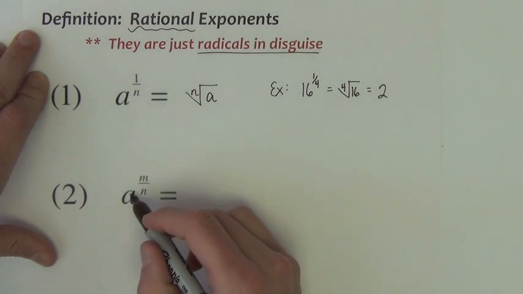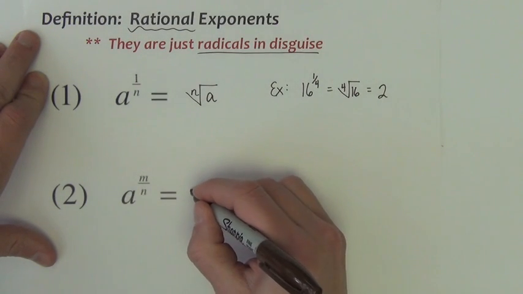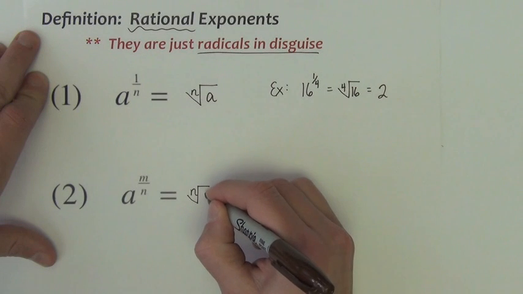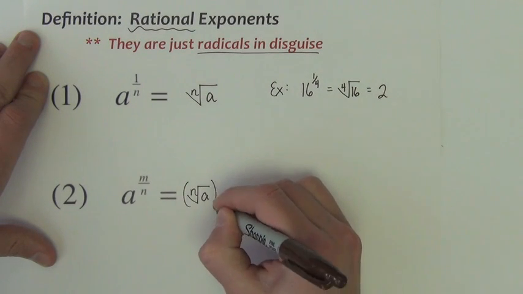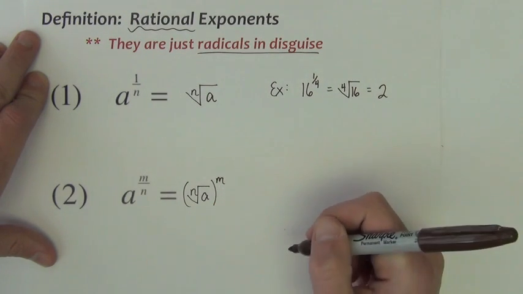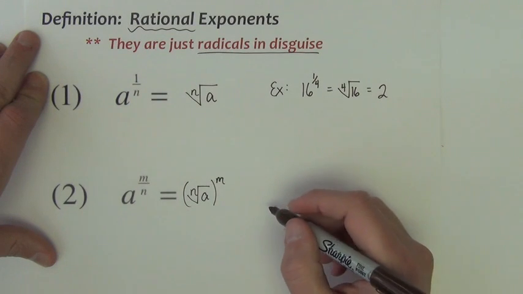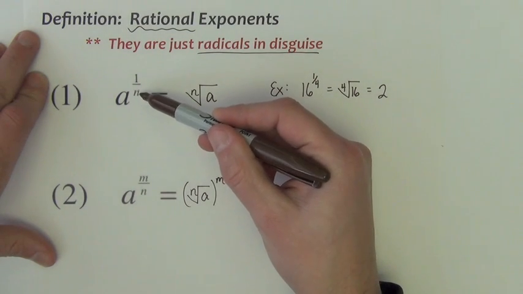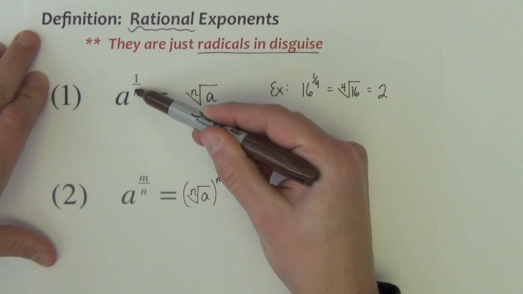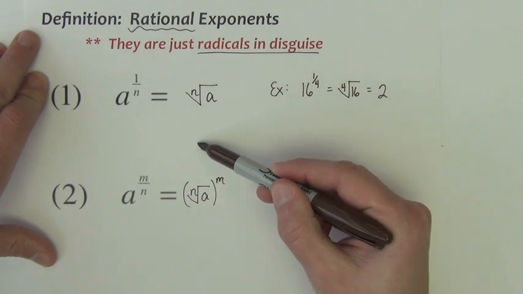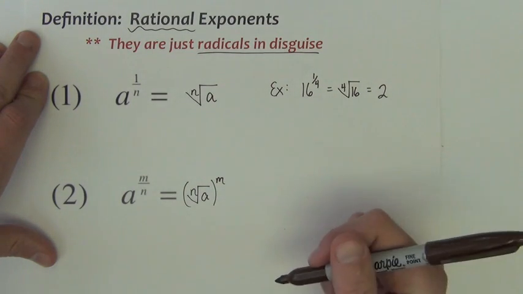Okay, and similarly, a raised to the m over n is the nth root of a to the mth power. In both of these instances, notice it's the denominator of the fraction that is the radical index.